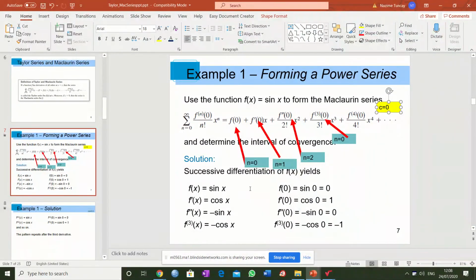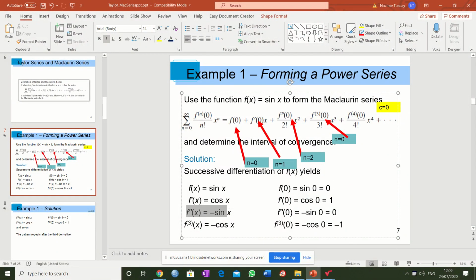So the 0 term is f(0), sin 0 is 0, and the first derivative of sin x is cos x, and when we insert 0 here, cos 0 is 1.